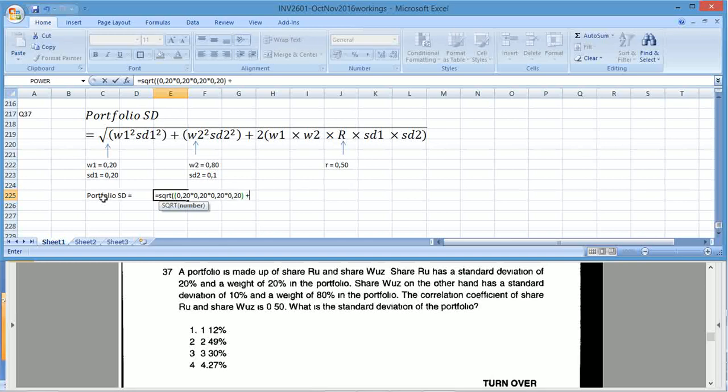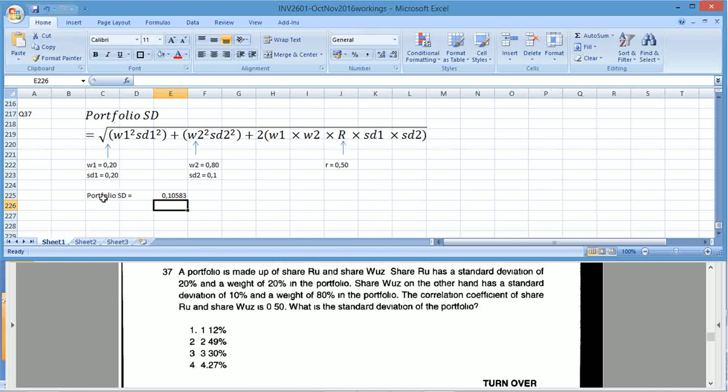Okay, close that brackets, plus, then open up a bracket, W2 squared is 0.8 times 0.8, so square it, and then multiply that by 0.1 times 0.1, close that brackets, plus, open brackets, 2 times W1 is 0.2 times W2 is 0.8 times the R, which is 0.5, times the standard deviation 0.2 times the standard deviation 2, which is 0.1, close brackets, gives me that answer there.